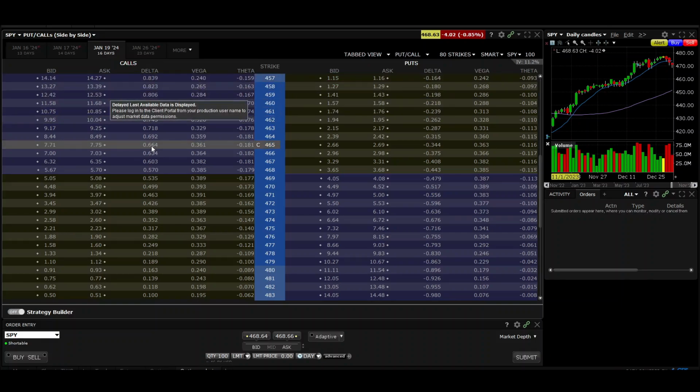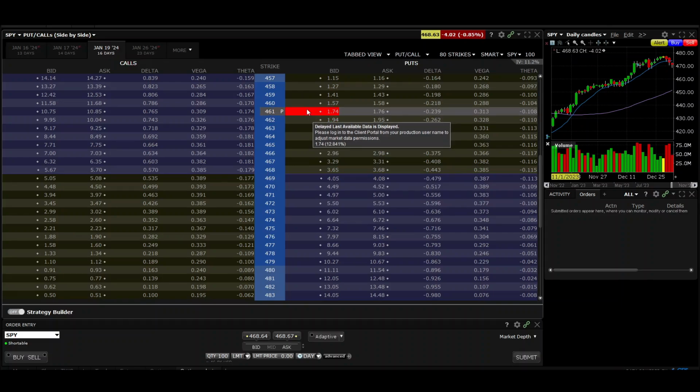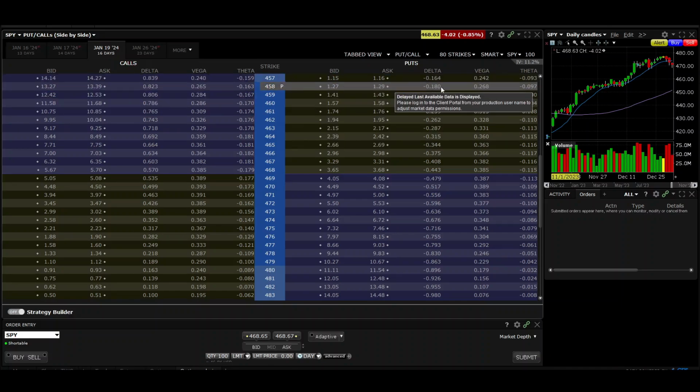So the main element of the vertical dimension, positioned in the middle of the chain, is the strike price. It is the price at which the holder of the contract can either buy, in the case of call options, or sell, in the case of put options, the underlying asset. The horizontal dimension displays two sets of various information, which we will explain later, for the two different types of options, calls and puts.